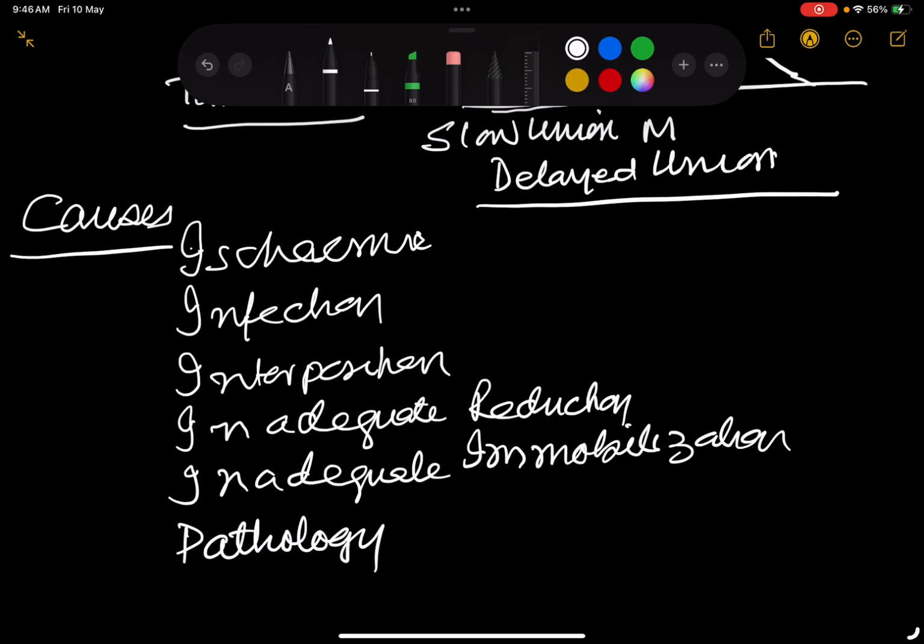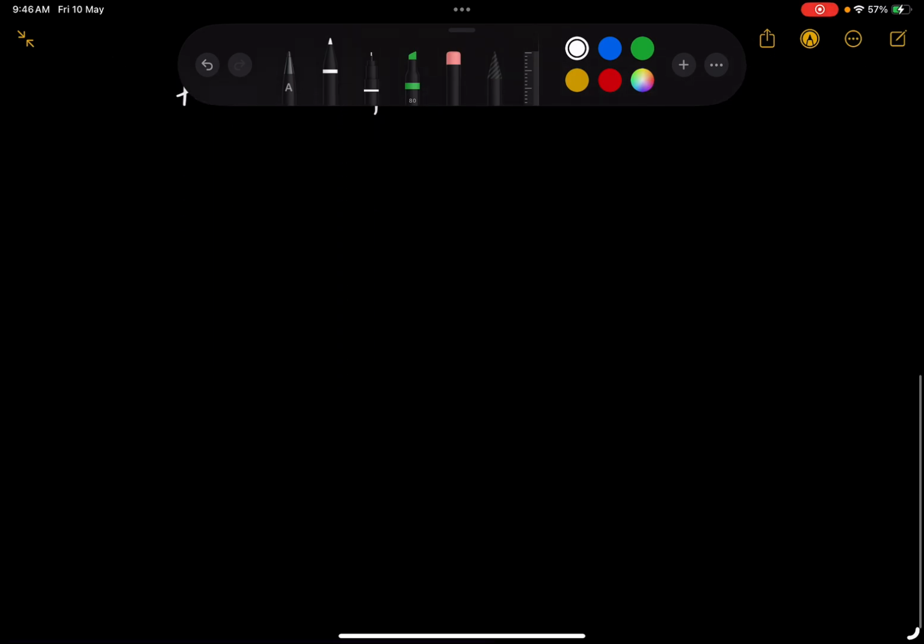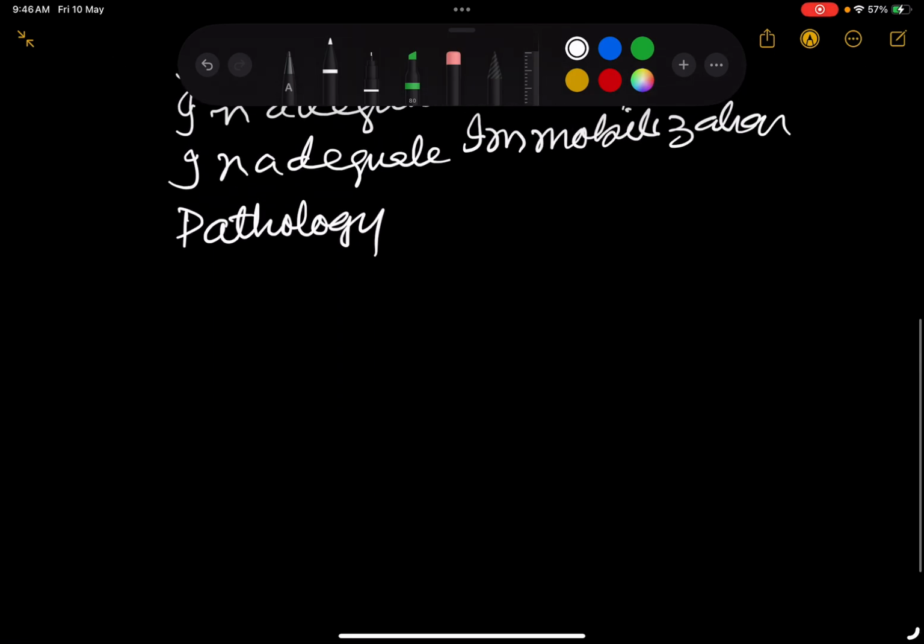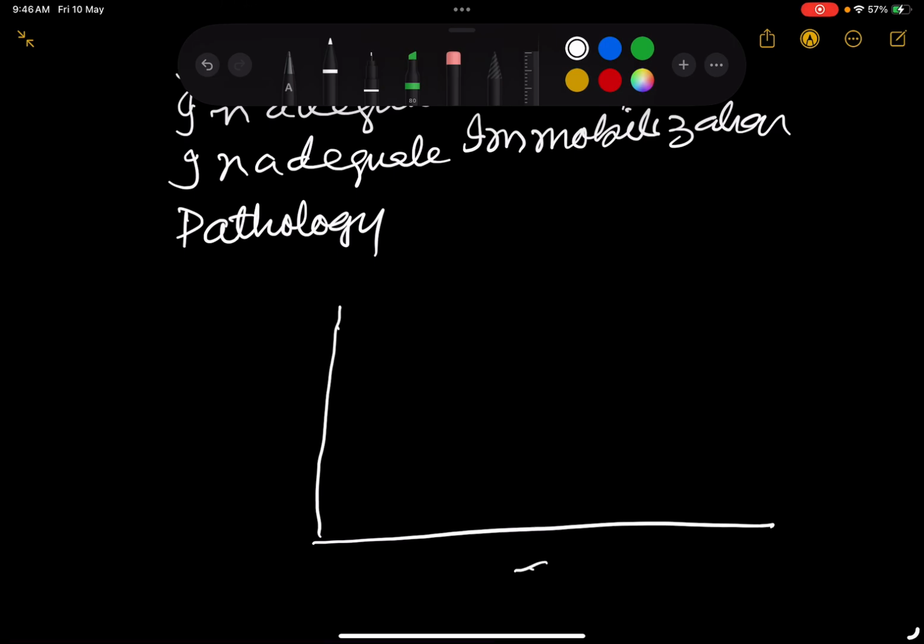And the problematic union is first slow union and delayed union. These two things you have understood. And now you must understand that as time passes, in 100 cases, in this much time, 90 would unite.